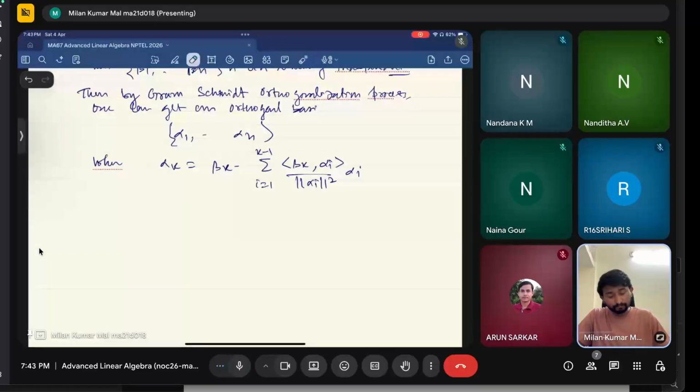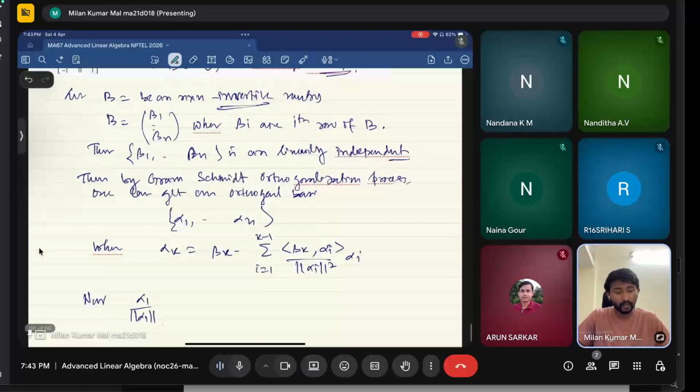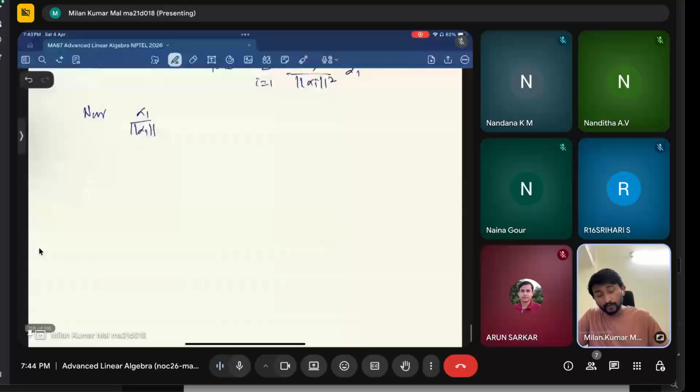Now note that if you consider alpha 1 by norm of alpha 1, alpha 2 by norm of alpha 2, all the way to alpha n by norm of alpha n, these alpha i's are all row vectors, 1 by n row vectors.